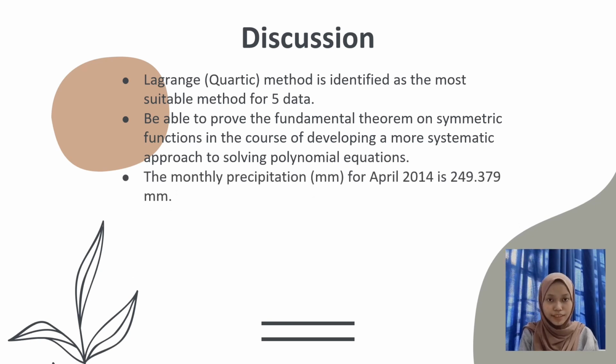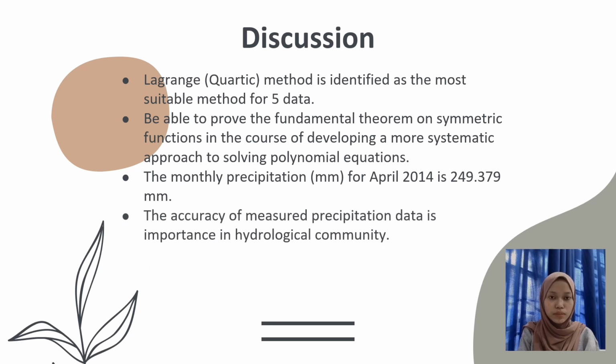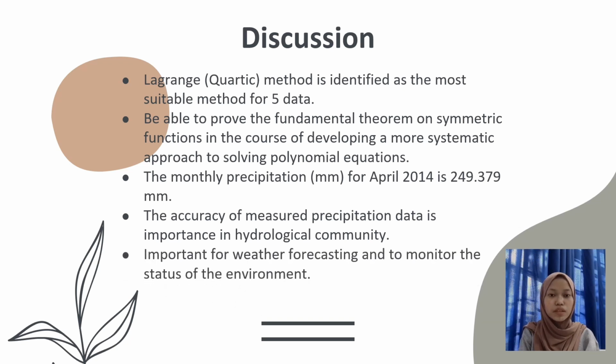By using the Lagrange quartile method, we get the monthly precipitation for April 2014 as 249.379 millimeters. The accuracy of measured precipitation data is important in the hydrological community. Furthermore, precipitation results are important for weather forecasting and to monitor the status of the environment.